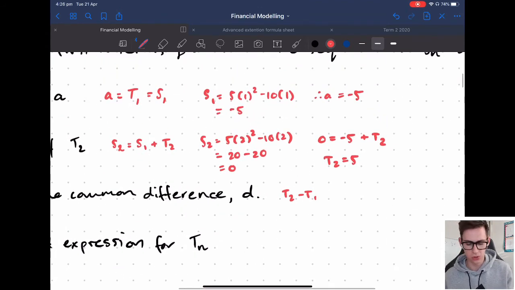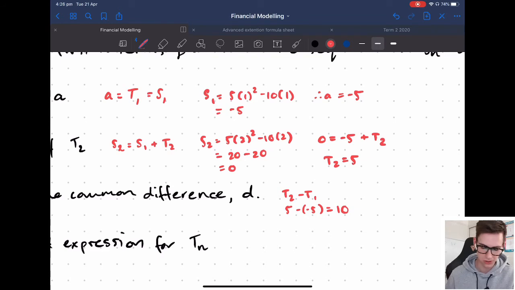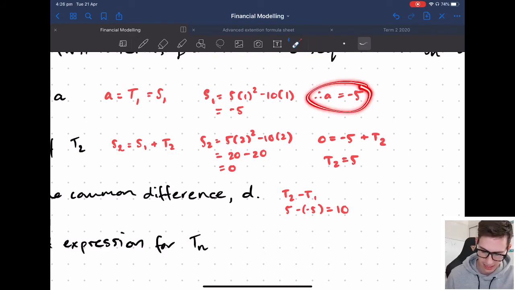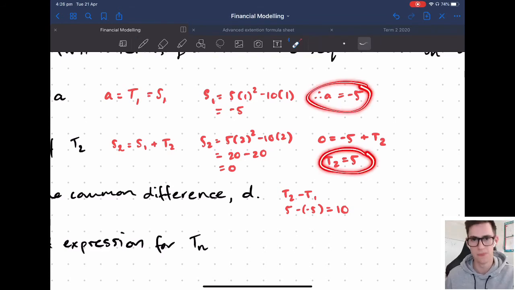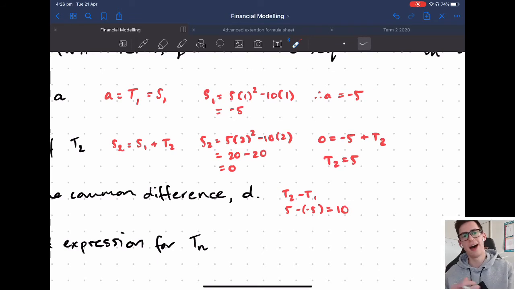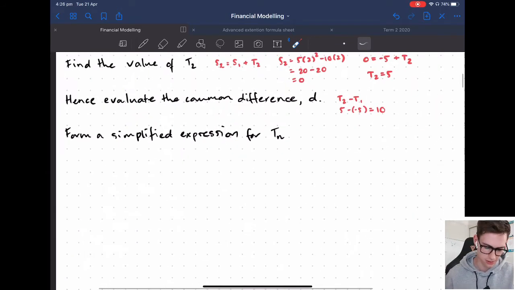You could also just look at term 1 and say, well, what have I added to get from -5 to get to 5? Either way you do that, if I go 5 take away -5, you're going to get 10. And that makes sense because my first term was -5. My second term was +5. I must have added 10 to get between those.